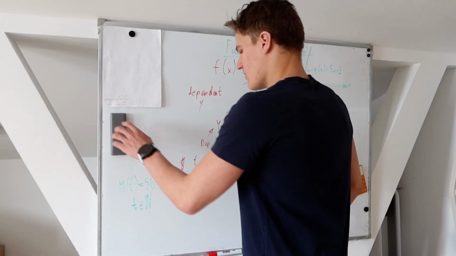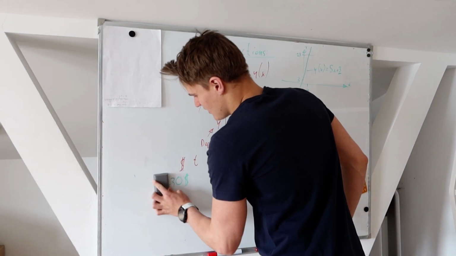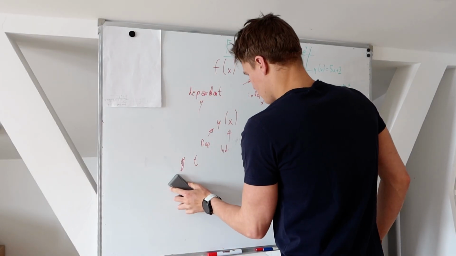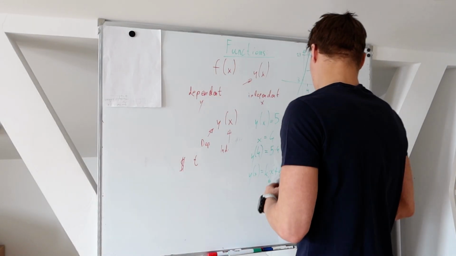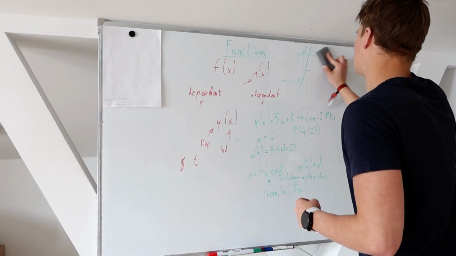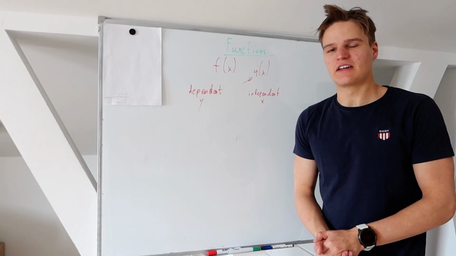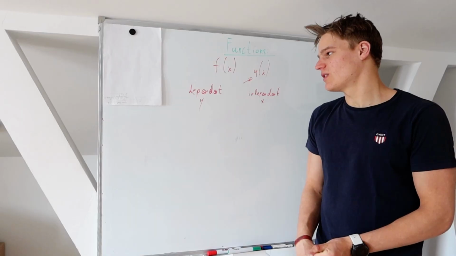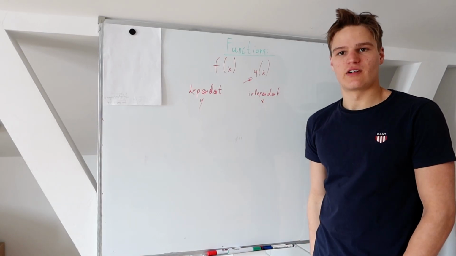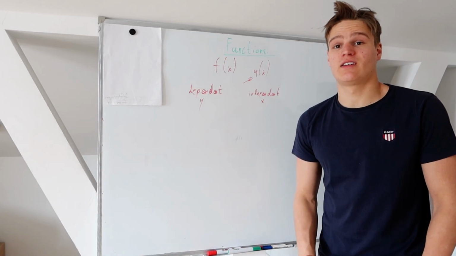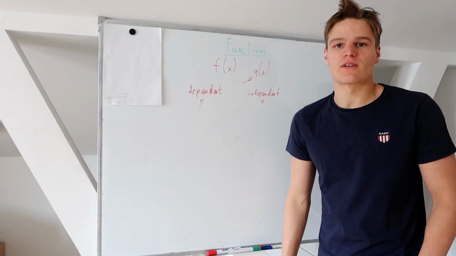Anyways, I think that by now we have established that functions put two variables into perspective relative to each other. Now some people are going to say, why do we have a dependent and an independent variable when it actually doesn't matter? And that is a great point. It does not matter.